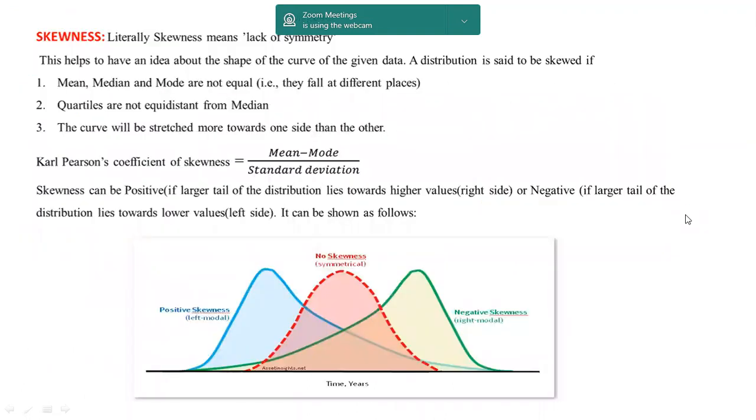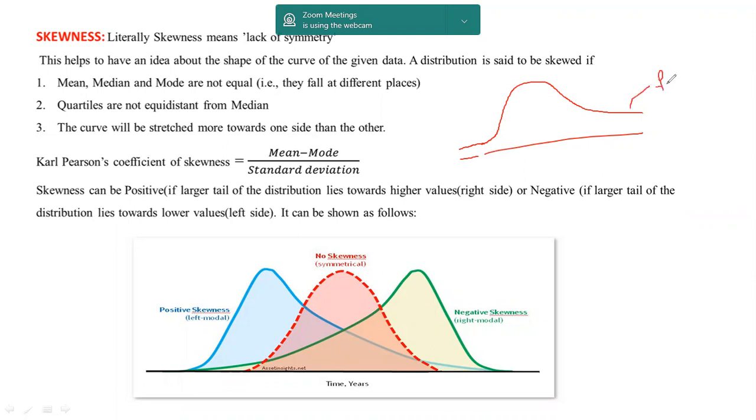So skewness, literally, is nothing but lack of symmetry. Basically every continuous probability distribution is represented in the form of a bell-shaped curve. Let us consider this is the probability density curve, which is f of x.